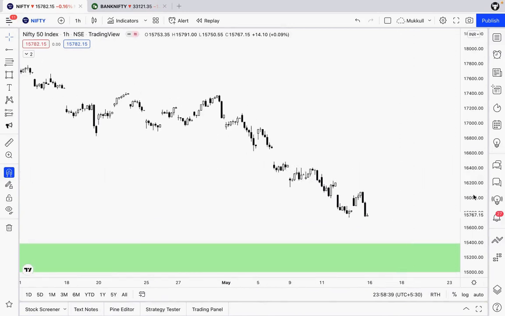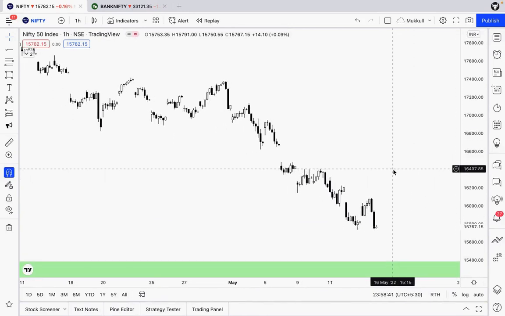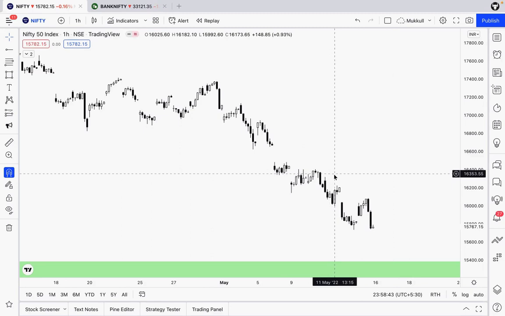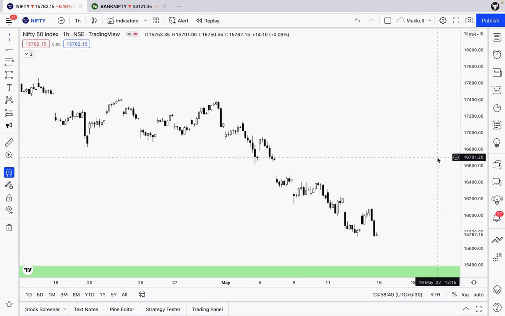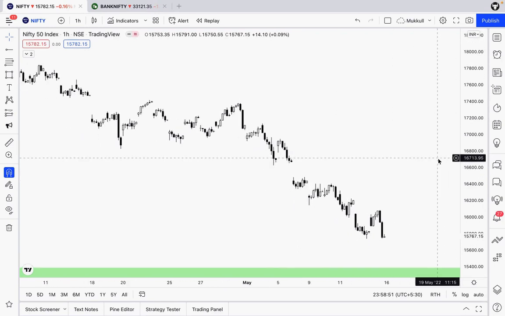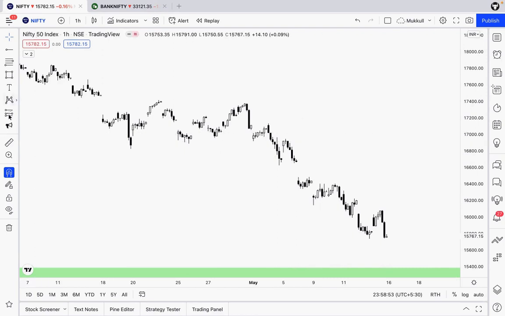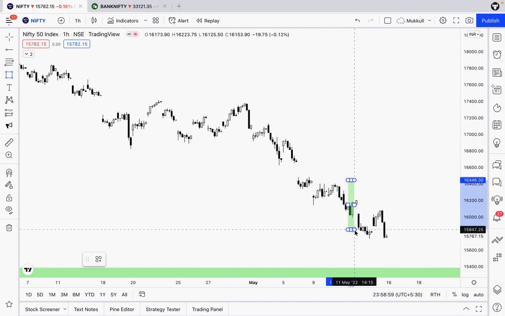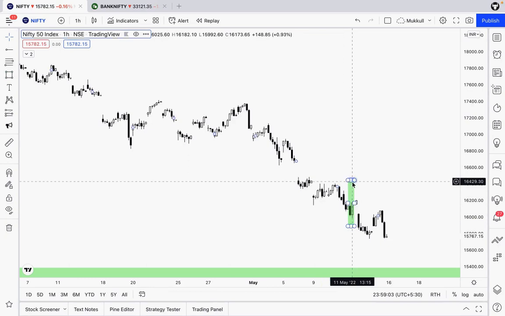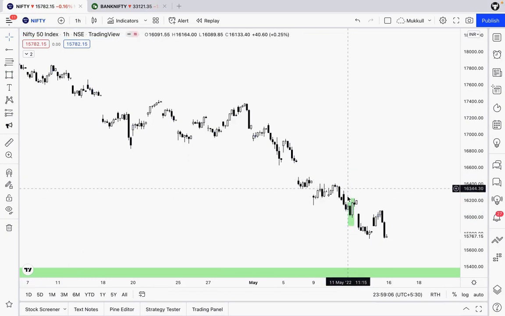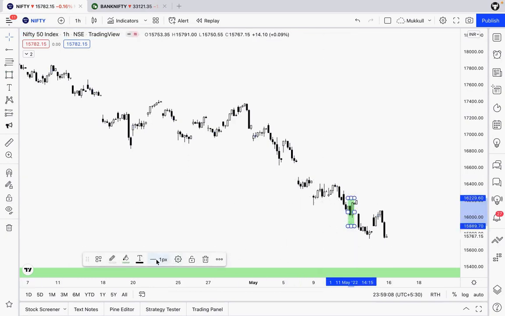Talking about the 1 hour time frame, we saw something very interesting on 11th of May. We saw a reversal candlestick pattern known as an outside reversal pattern. If you want to spot it, I will mark that for you. This is that particular region, the candle which was an outside reversal candle.